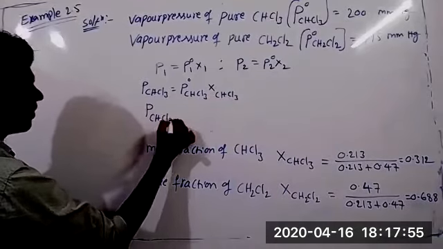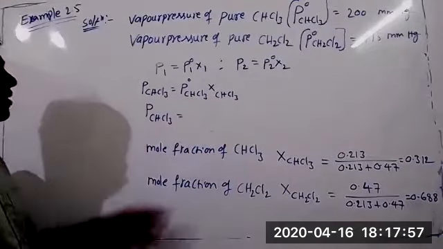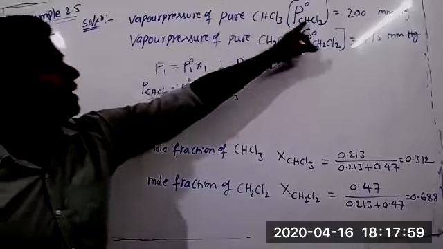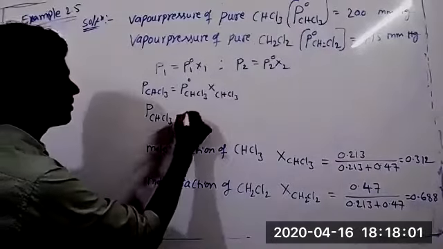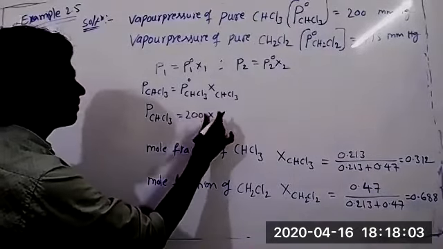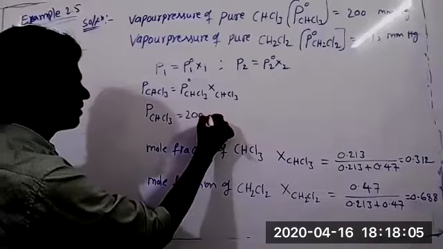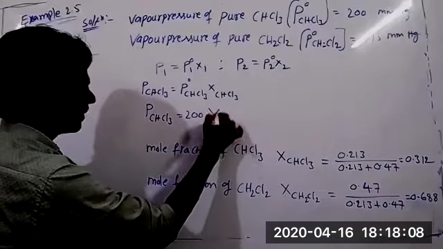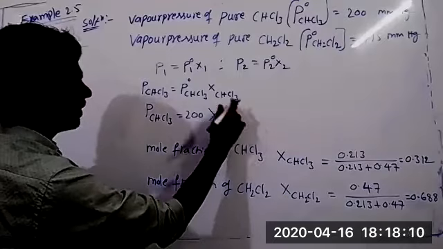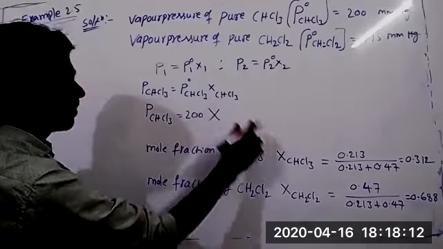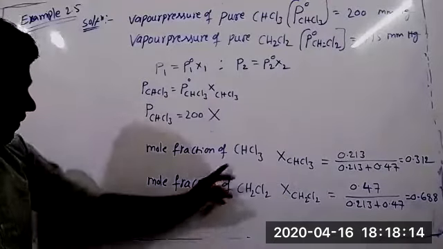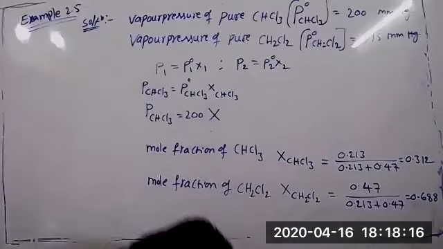Partial pressure of chloroform is equal to the pure vapor pressure of chloroform, which is 200, into the mole fraction of chloroform. Mole fraction of chloroform is 0.312.